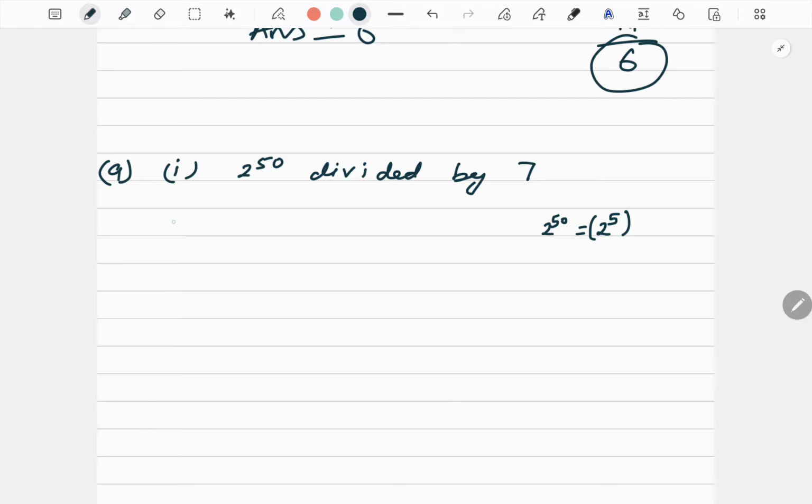So now let us start with 2 to the power 5 congruent x mod 7. So 2 to the power 5 is what? 32 mod 7. Now you can do it orally also because you know the table of 7. 7 4s are 28. 28 is how far from 32? 29, 30, 31, 32.